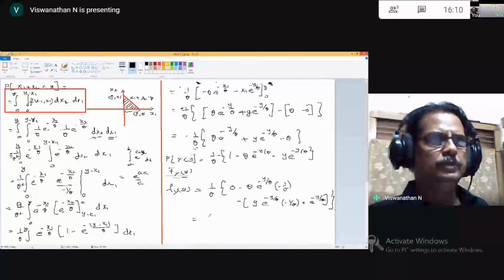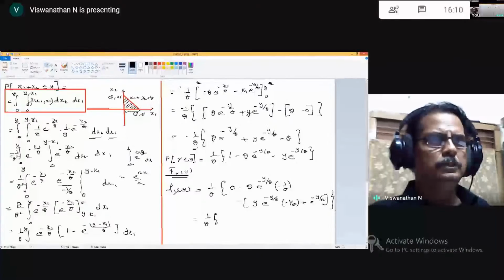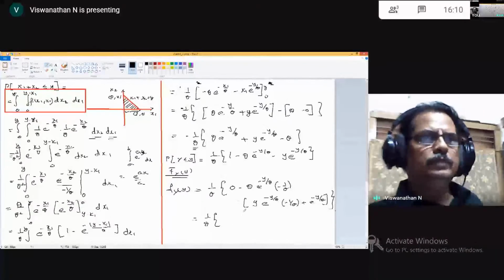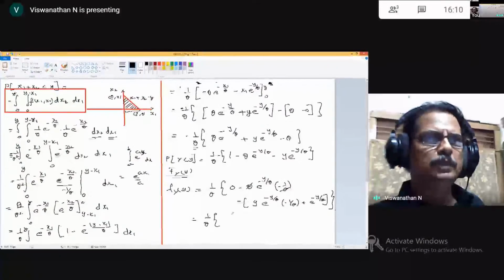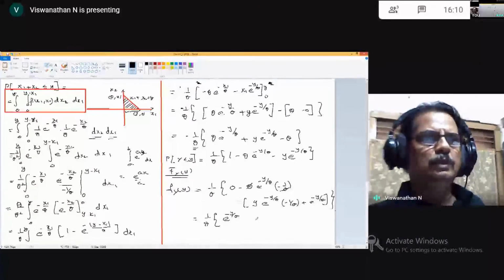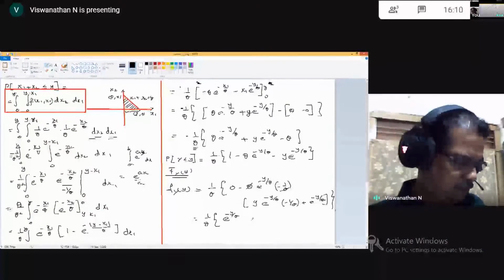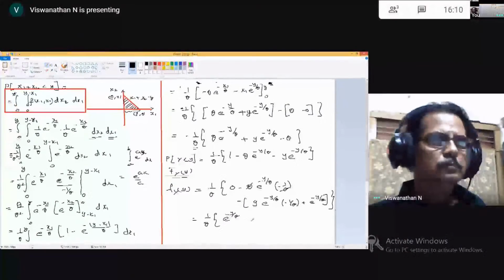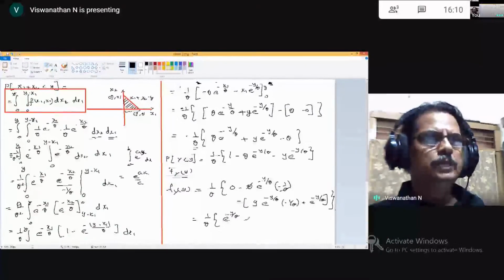So let me simplify this. 1 by theta. Here this theta will get cancelled with this theta, minus into minus is plus. So I have e power minus y by theta, the first term. The second term will become minus y by theta.